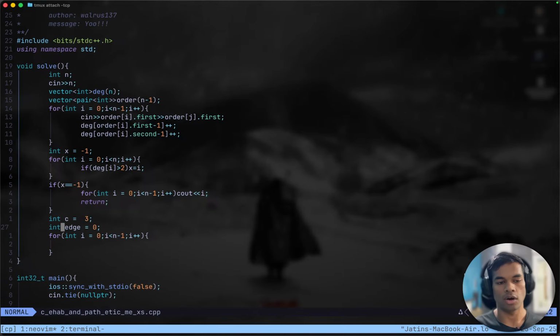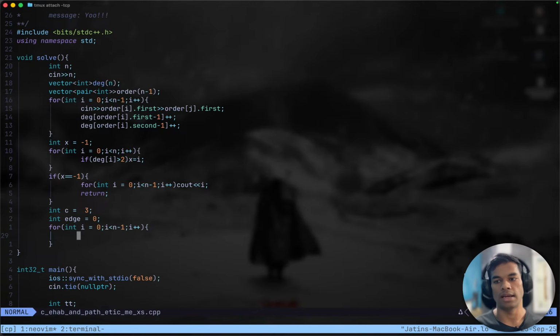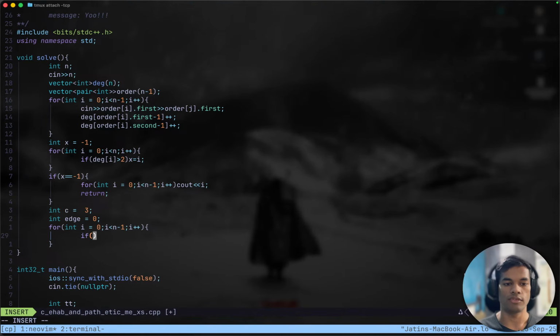So of those edges that x is connected to, we want one of them to be 0, another one to be 1, and the third one to be 2. And then we don't care about anything else. So first we will see if any of these edges is x.